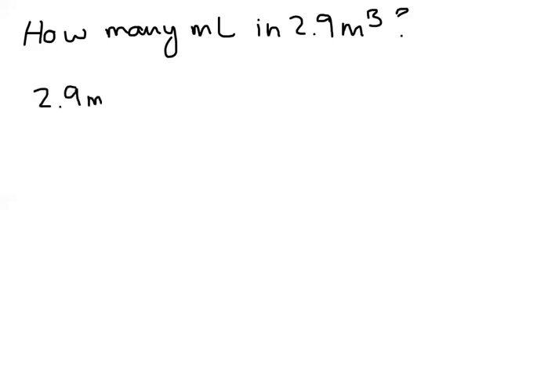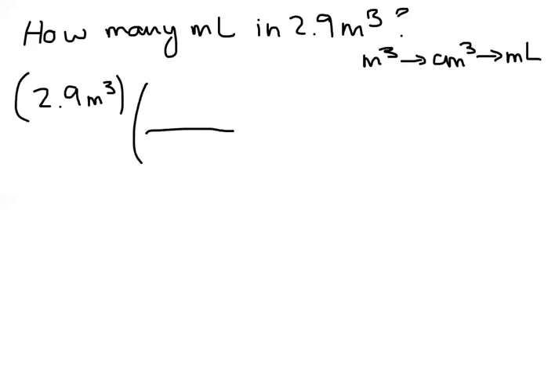2.9 meters cubed, so if we write out our unit map, what are we going to have to go through to get to milliliters? Centimeters cubed. And then we're going to get to mils. I'm going to put meters cubed here, centimeters cubed on the top, getting rid of those.